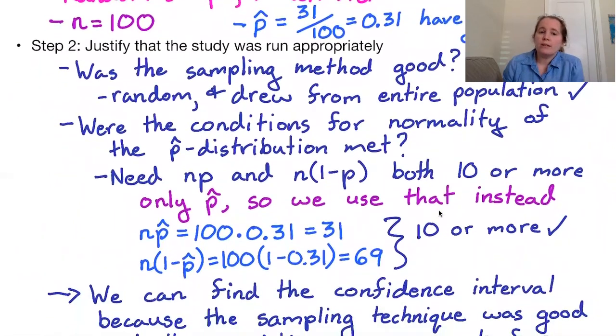So when we go to make our justification for normality, it actually turns out that n times p hat is precisely the number of people that said yes in the study.